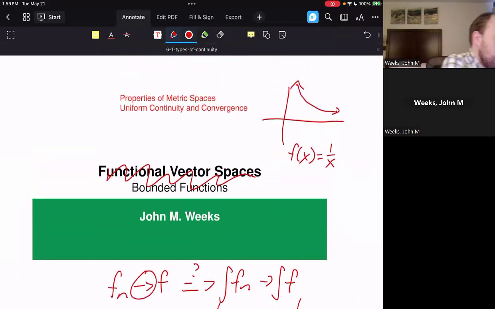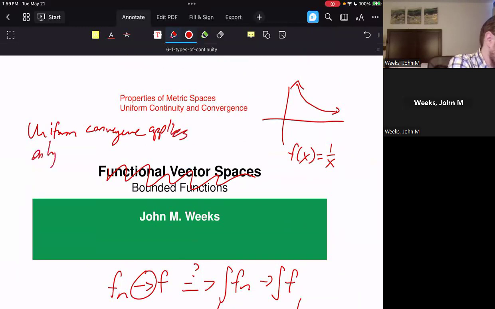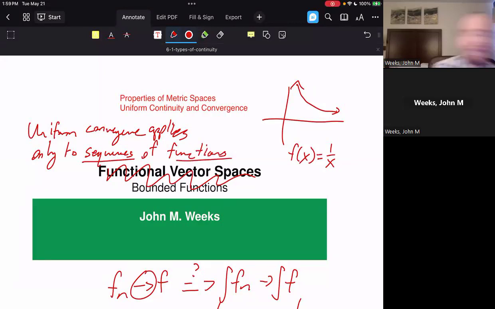So to be clear, uniform convergence applies only to sequences, and I'll underline sequences too, as we know that that's an important distinction, of functions. So only to this exact category would I say something converges uniformly, at least for the contexts of this class.